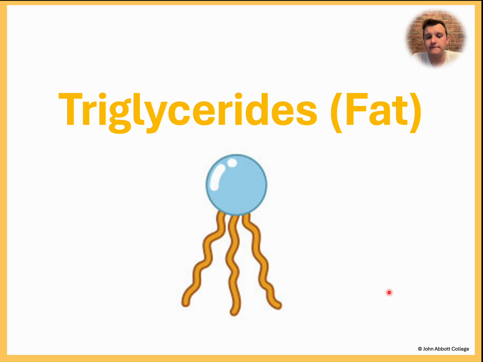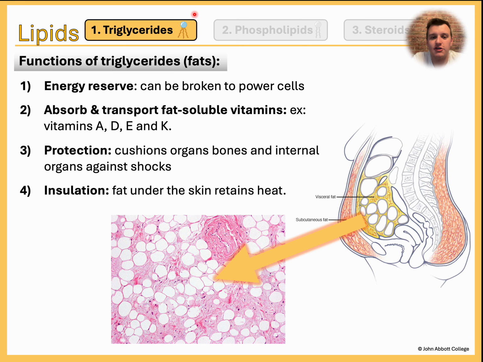So the first one is triglycerides, also known as fat. Triglycerides, let's think of the function of these fats. They are energy reserves. They can be broken down to power cells. As I said, one of the ways for weight loss is to reduce the amount of food that's consumed, right?